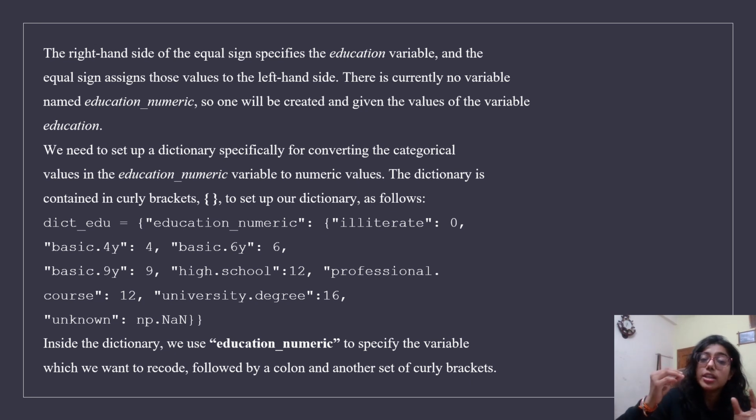We need to set up a dictionary specifically for converting the categorical values in the education_numeric variable to numeric values. The dictionary is contained in curly brackets.